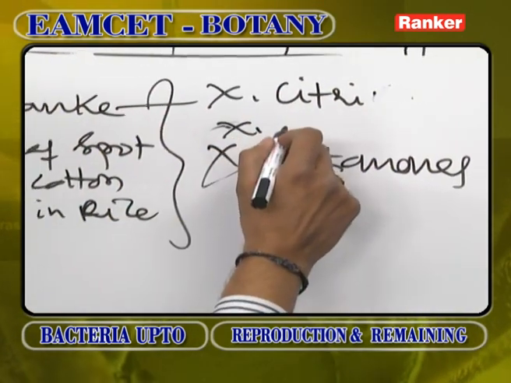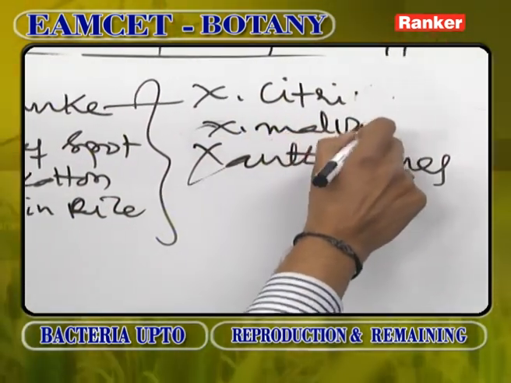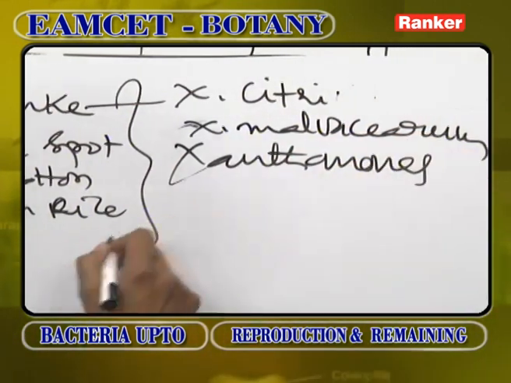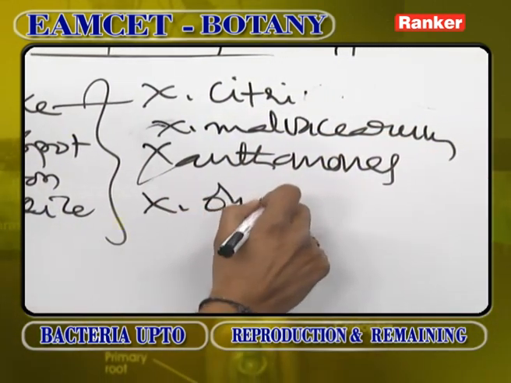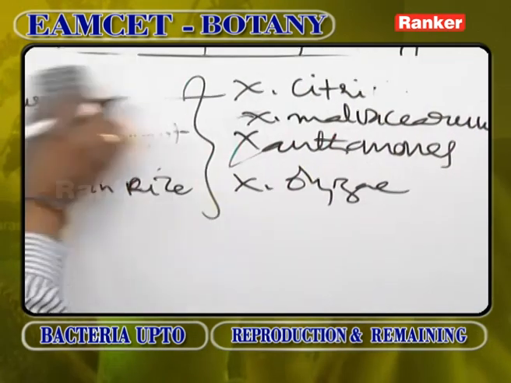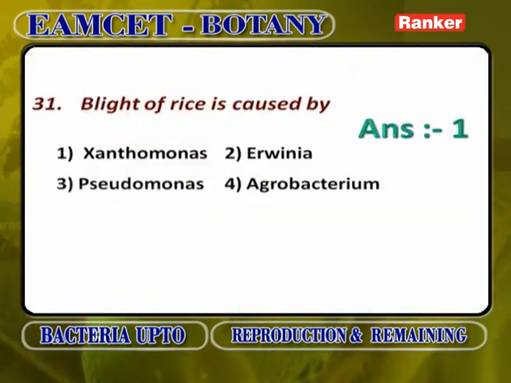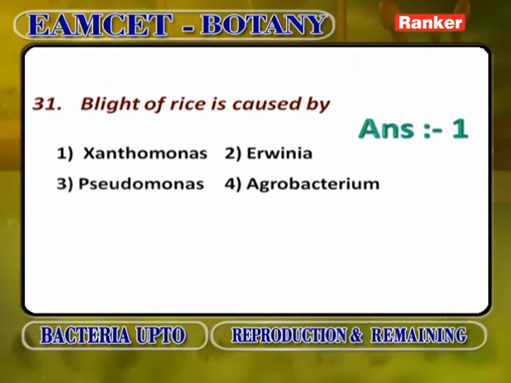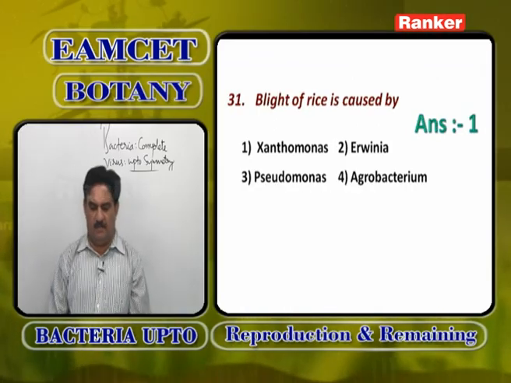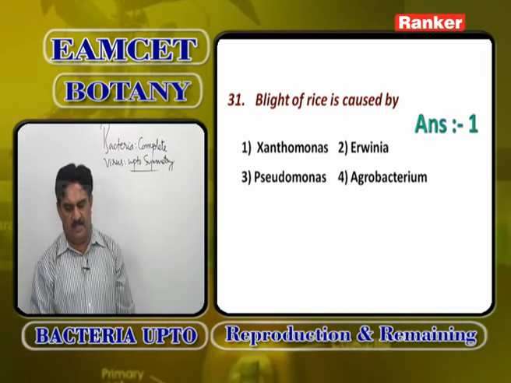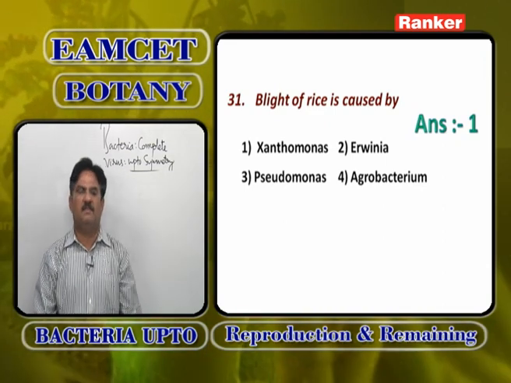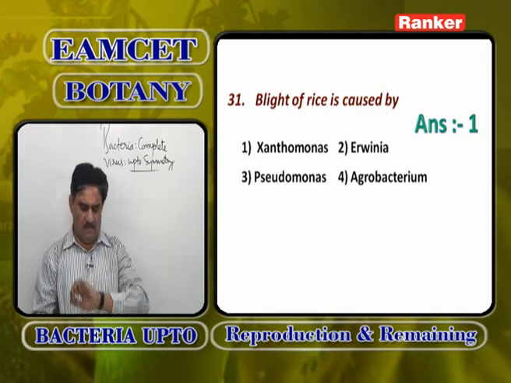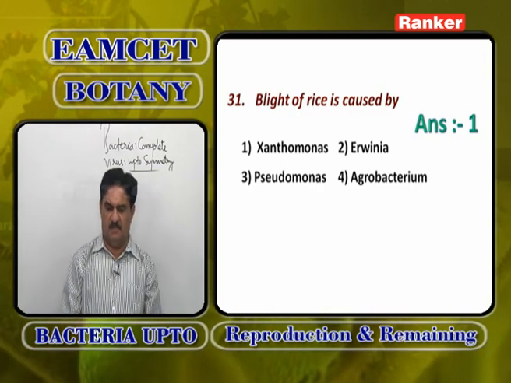Angular leaf spot is caused by Xanthomonas malvacearum. Blight in rice is caused by Xanthomonas oryzae. Erwinia amylovora causes fire blight in apples. Agrobacterium tumefaciens causes crown gall in apples. So, the answer is 1.